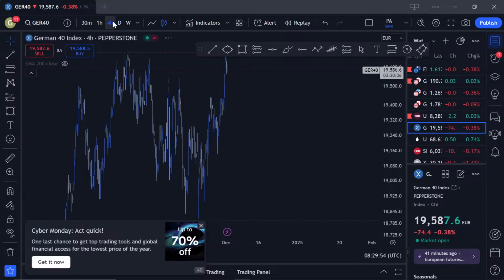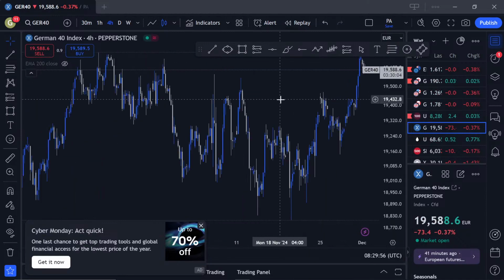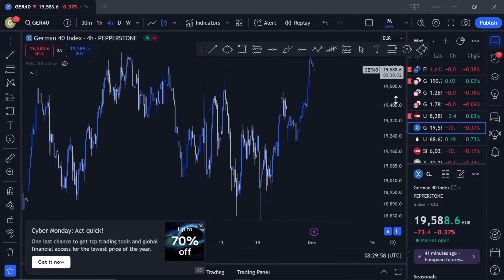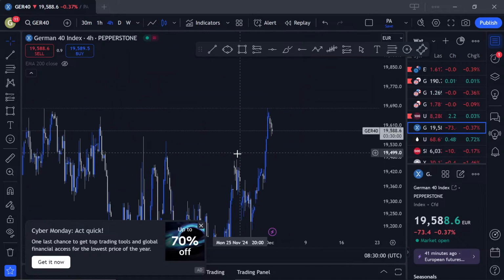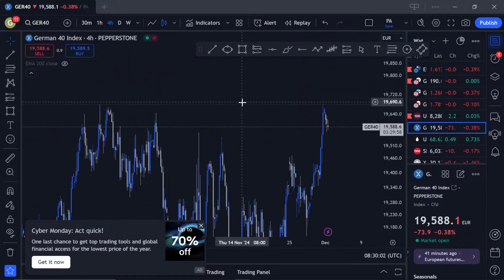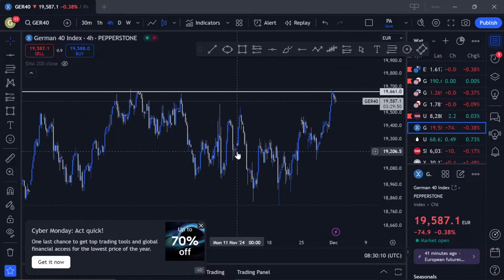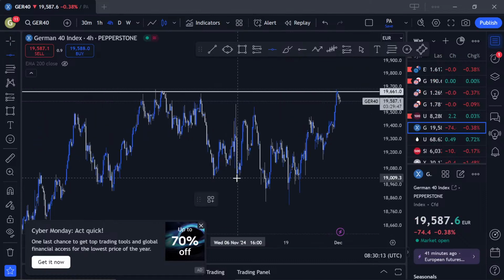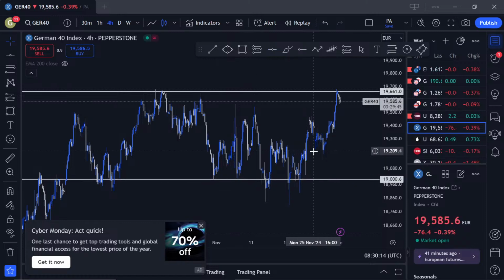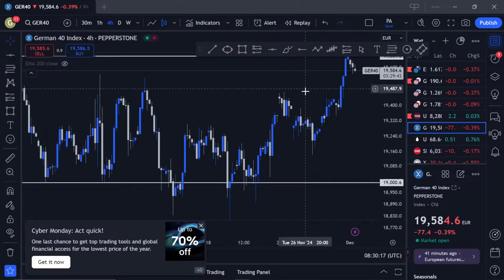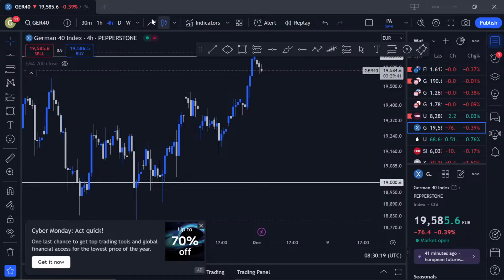Now let me look at DAX on the 4-hour time frame. DAX dancing off a 4-hour area of resistance, as we all can see, with a support way back here. So you can see the circle DAX is playing in.